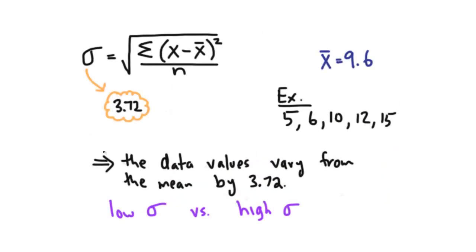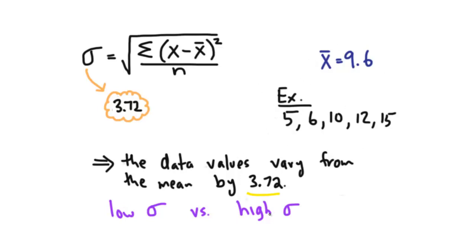Alright, so let's recap. We found out that the standard deviation for this data set was 3.72, and the mean was 9.6. So this means that the data values vary from the mean by 3.72, and the 3.72 is just the standard deviation. If you have a low standard deviation, that means most of the numbers will hover around the mean.